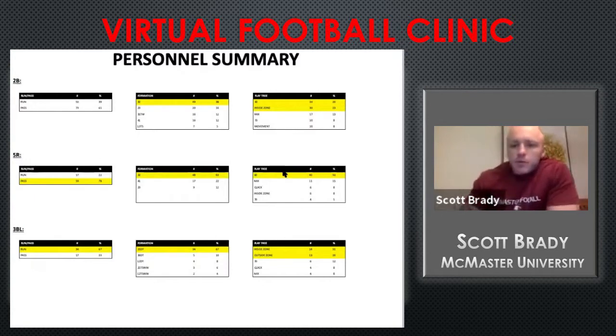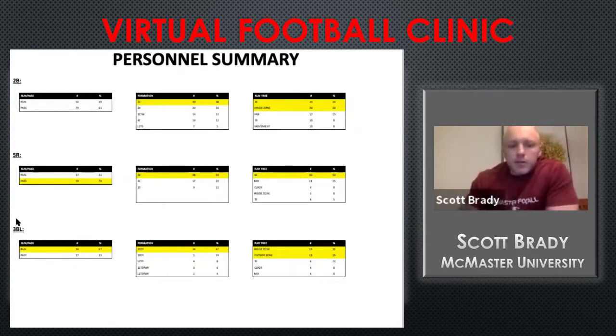And then if you look over here at their play tree, if they're in their 5 receiver set, over half of their plays are just 6-man drop back pass. 15% of them are mixed plays. So for us, those are RPO plays, so run pass option plays, and then nothing else is 10%. So really 70% of their offense out of 5 receiver sets is 6-man drop back pass or RPOs.